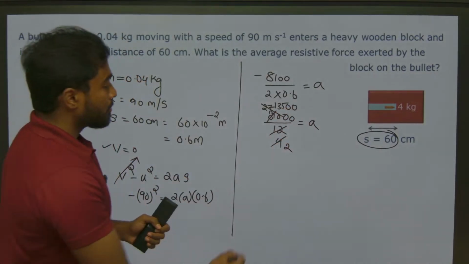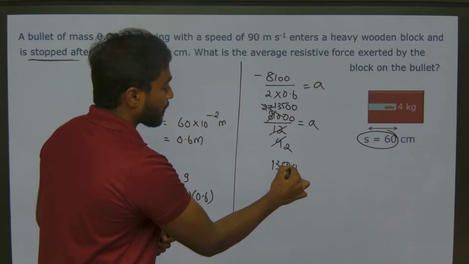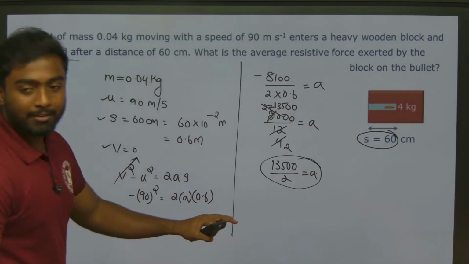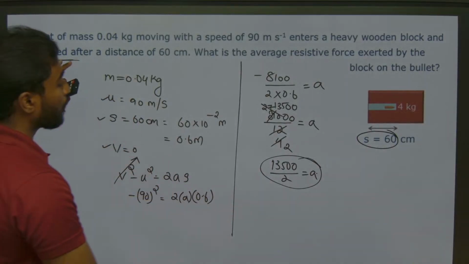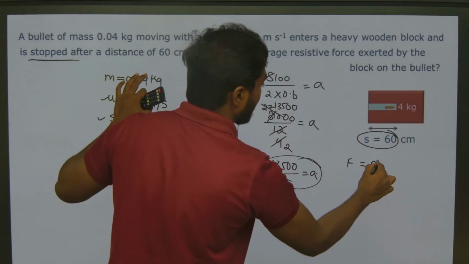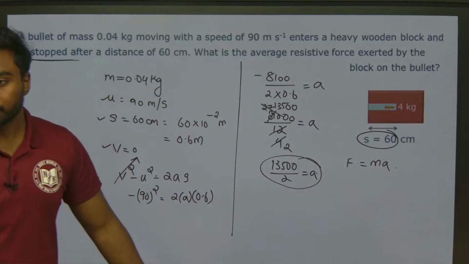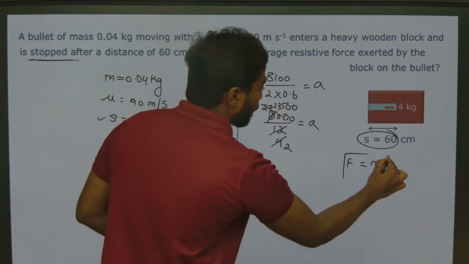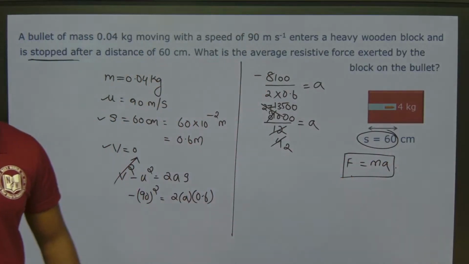So 13500 divided by 2 is equal to acceleration. I will take this acceleration as it is and substitute it in the value of F equals ma. Do the calculation and you can get the value of force. That's the answer for this question.